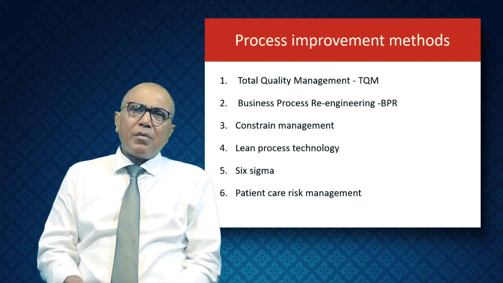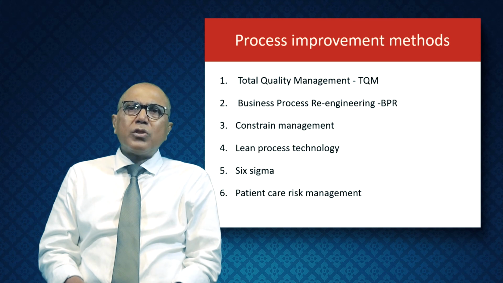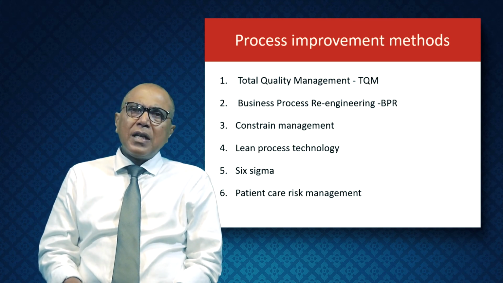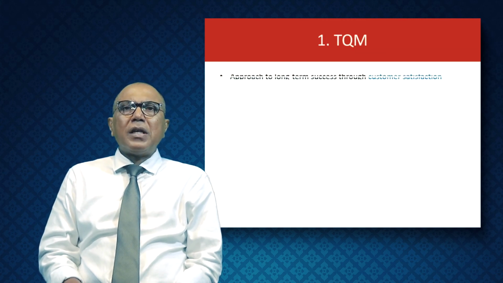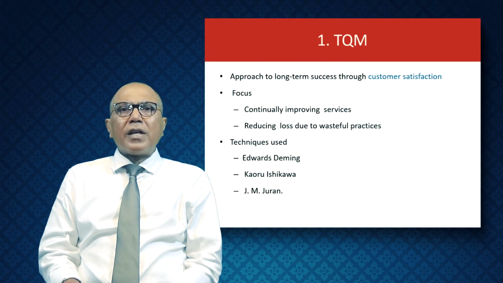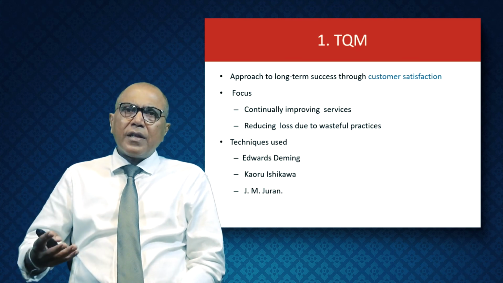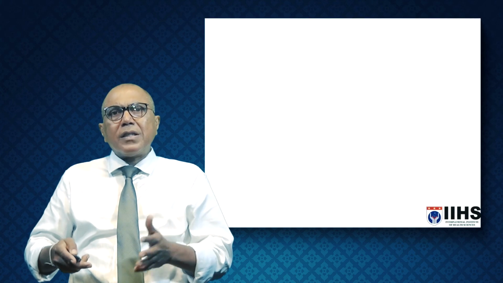Roughly, I put up about six tools that you can use: TQM, BPR, constraint management, lean process technology, Six Sigma, and patient risk management. TQM is a quality management process where we look at continuous improvement of the services, and because of that you can reduce wasteful practices.